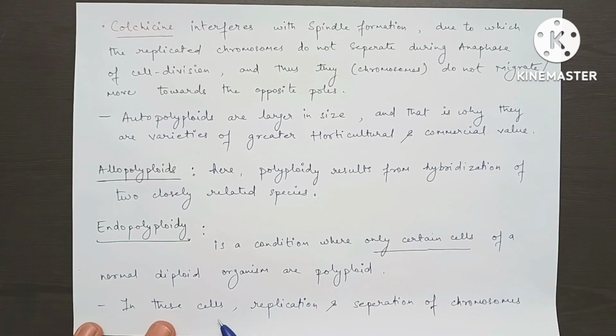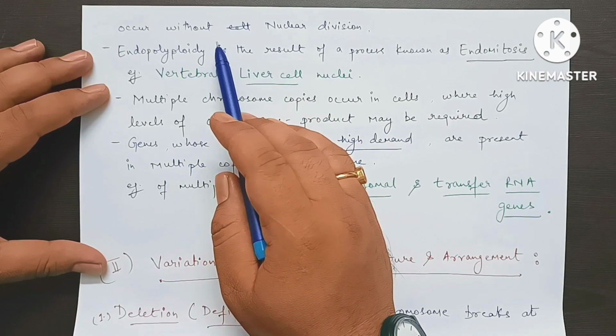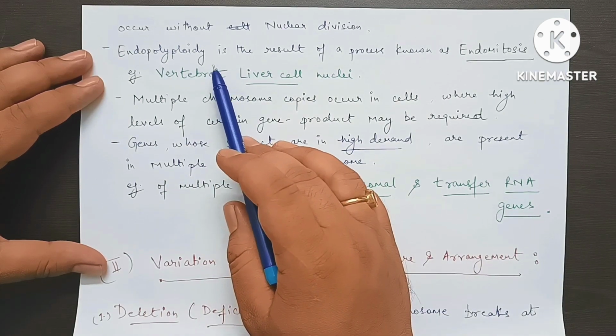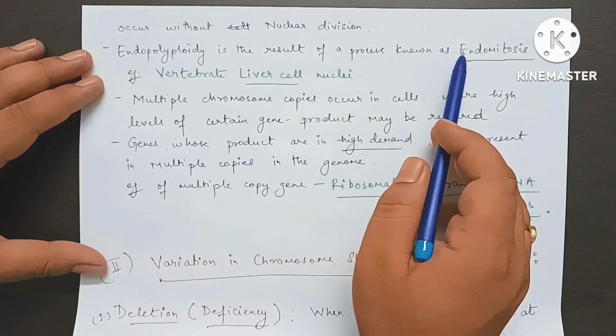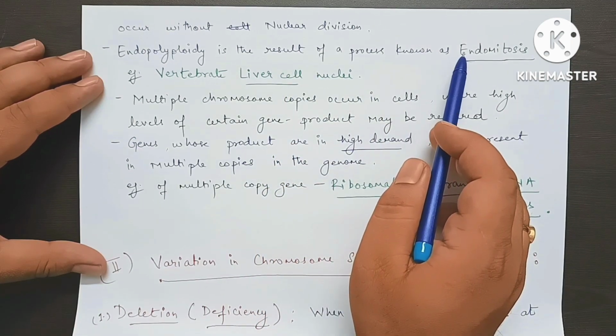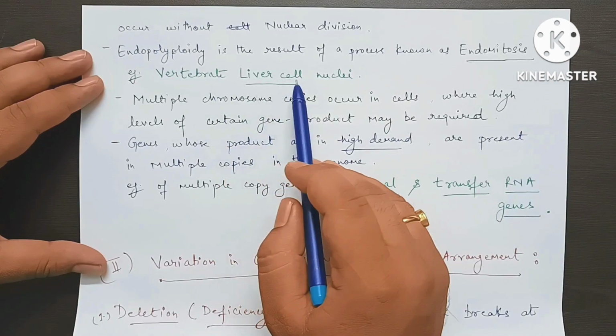In these cells, replication and separation of chromosomes occurs without nuclear division. Endopolyploidy is the result of a process known as endomitosis. Example, vertebrate liver cell nuclei.